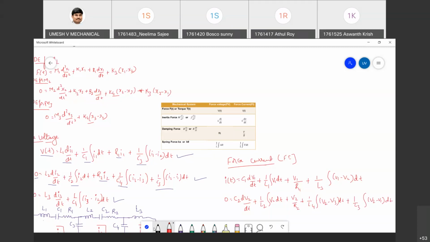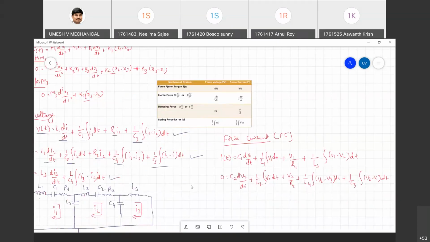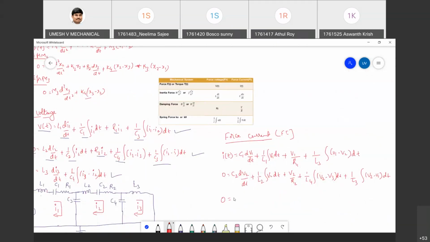That is done with the second equation. Let us write the last equation: 0 is equal to C3 dV3 by dt plus 1 by L4 integral of V3 minus V2 dt. Is it right? So we have written all three equations.